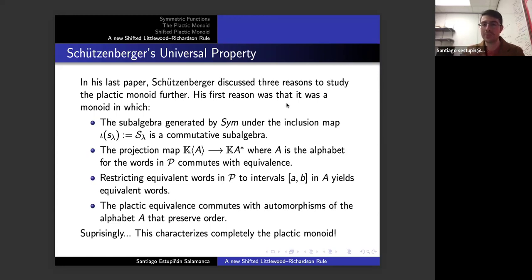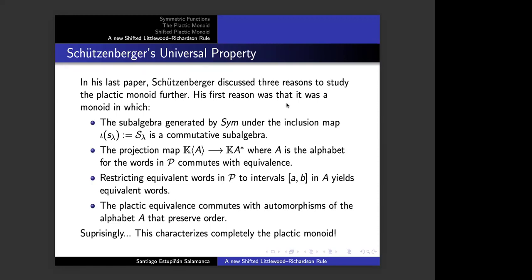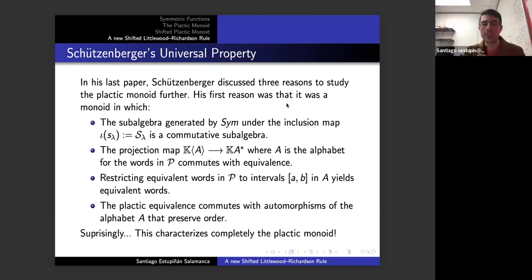And I wanted to categorify insertion or make sense of insertion categorically. And the best that I could do was to prove that the monoid defined by Haiman's insertion is universal in a similar way that the plactic monoid is universal.